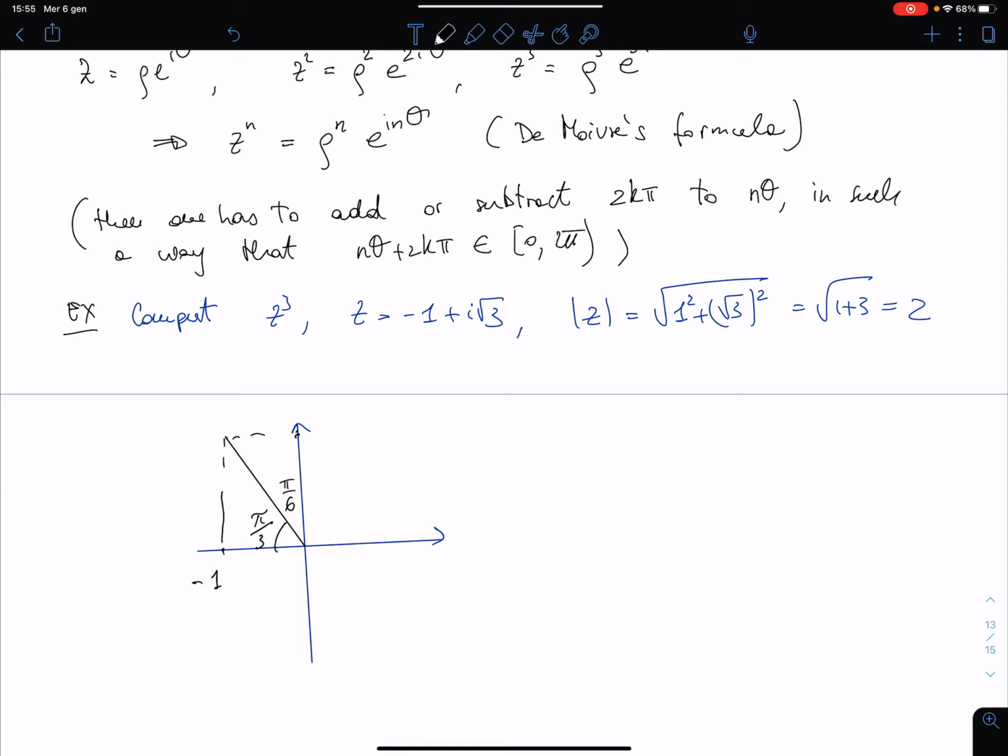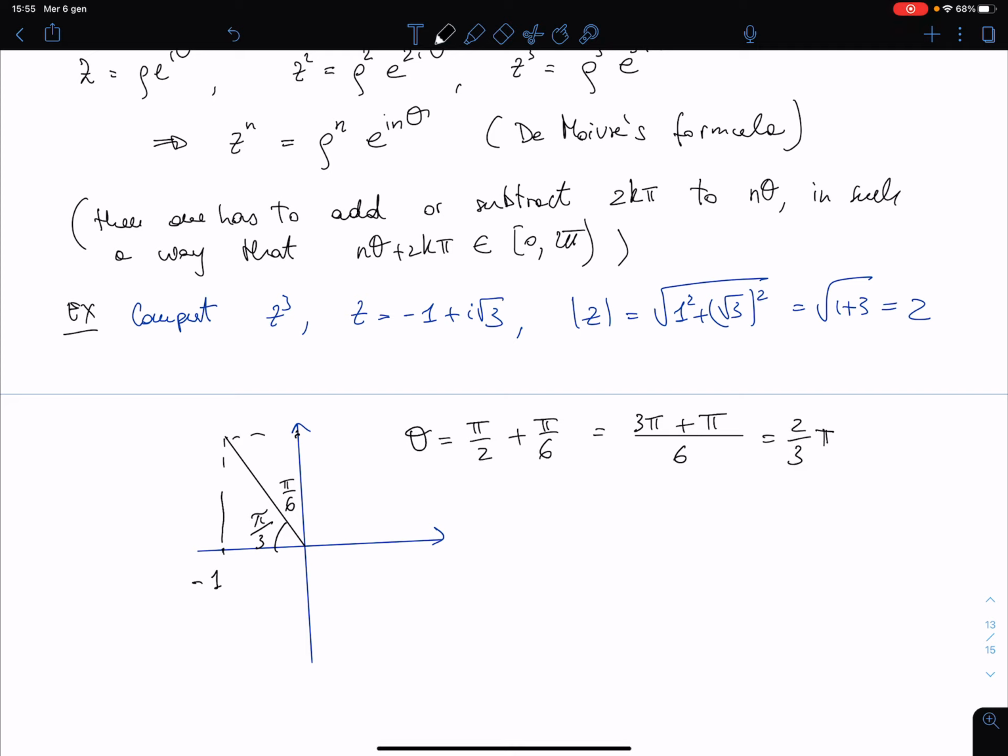Okay, so theta will be pi over 2 plus pi over 6, which is, putting over 6, 3 pi plus pi, so it's 4 over 6, so 2 over 3 pi.